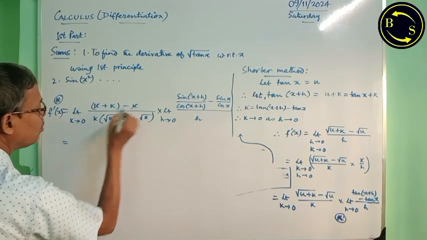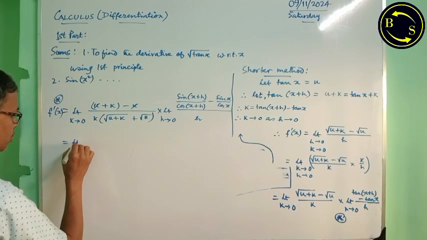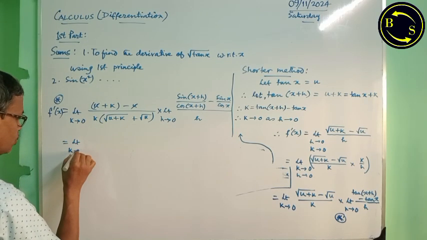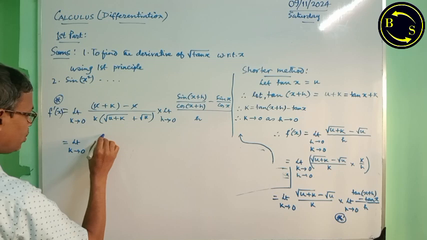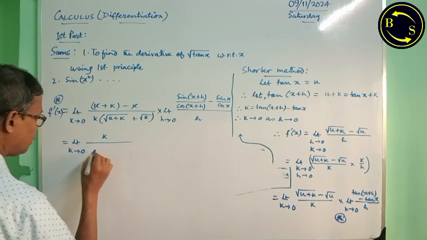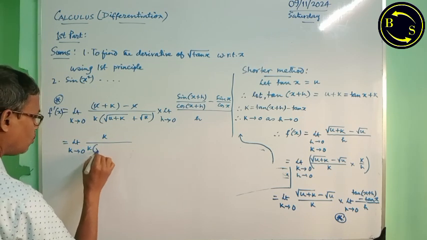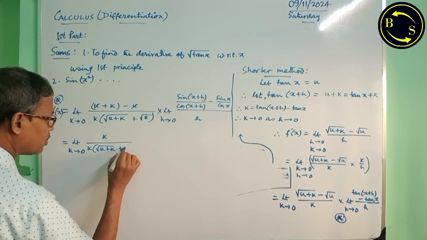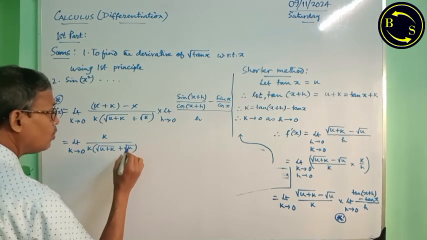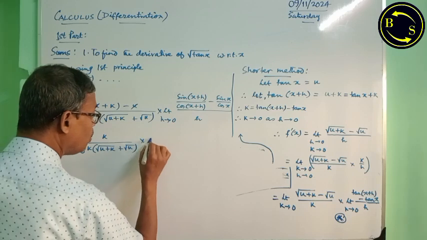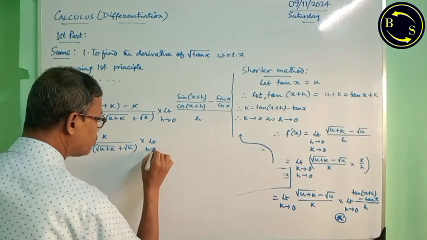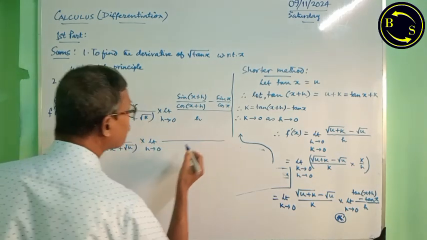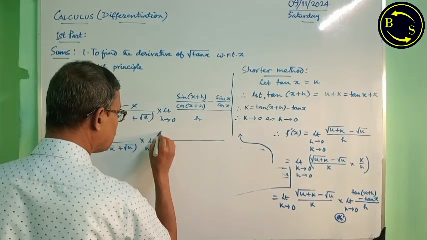Now this one, limit k tends to 0, k by k into under square root u plus k plus root u, into limit h tends to 0. We simplify.